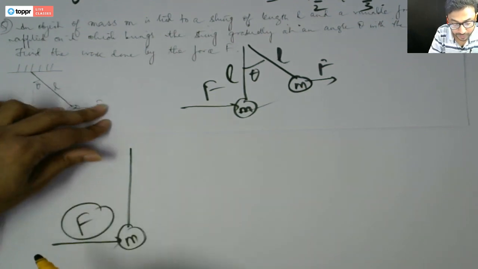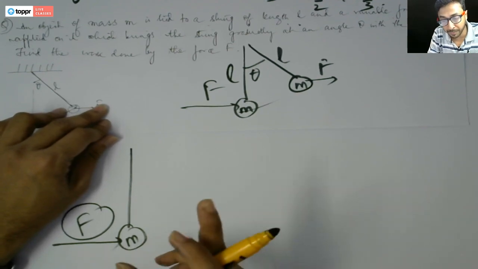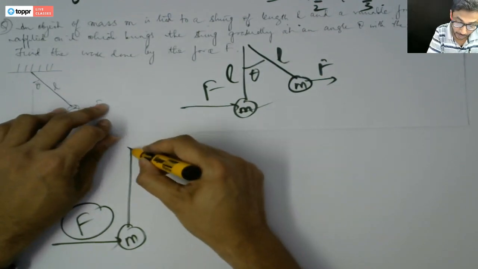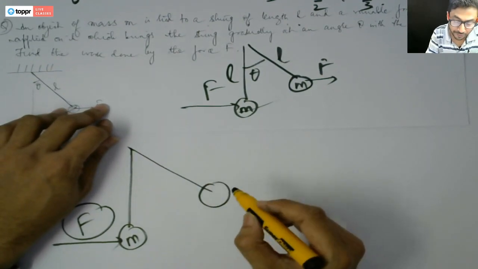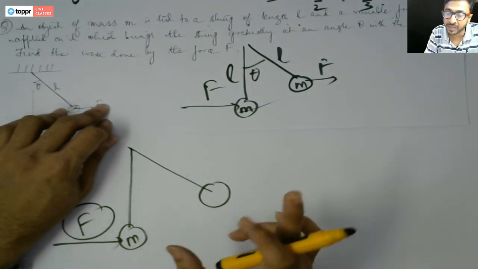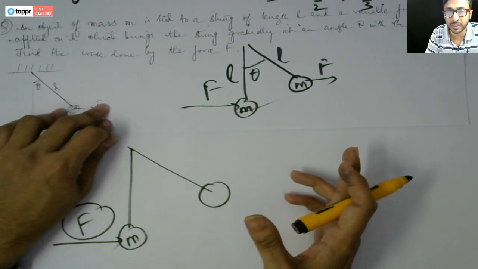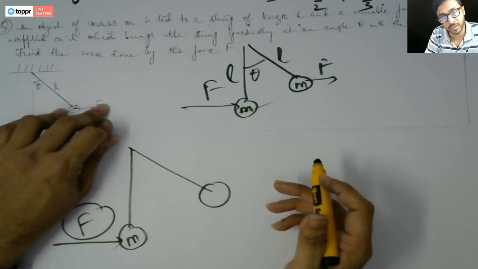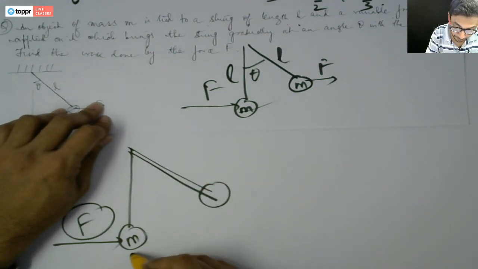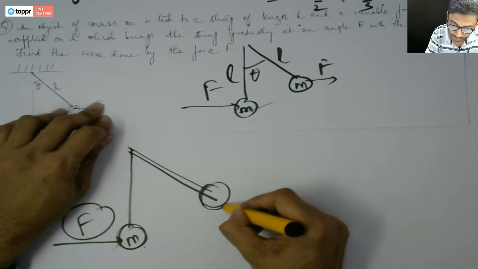Now the force given is a variable force, so we cannot directly apply, and we don't know how the force is varying. For this kind of problem, we need the concept of conservation of energy, that is, work done getting converted to potential or kinetic energy. At this point the body is at rest. Here also the body is at rest.